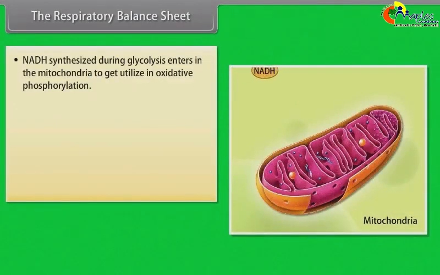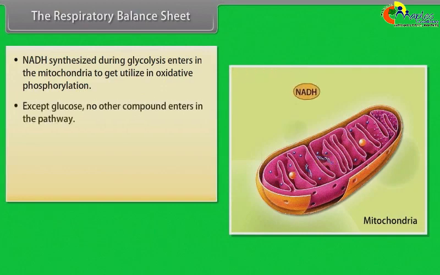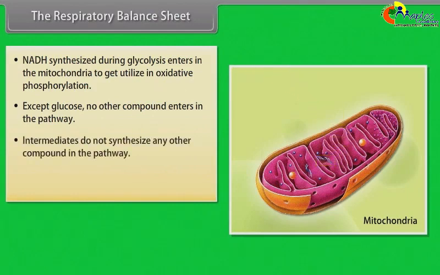NADH synthesized during glycolysis enters the mitochondria to get utilized in oxidative phosphorylation. Except glucose, no other compound enters in the pathway. Intermediates do not synthesize any other compound in the pathway.